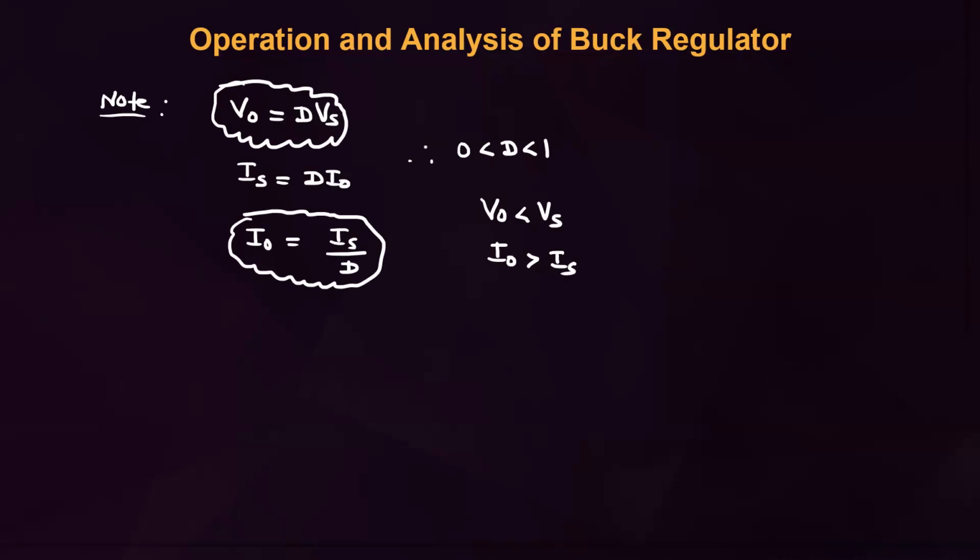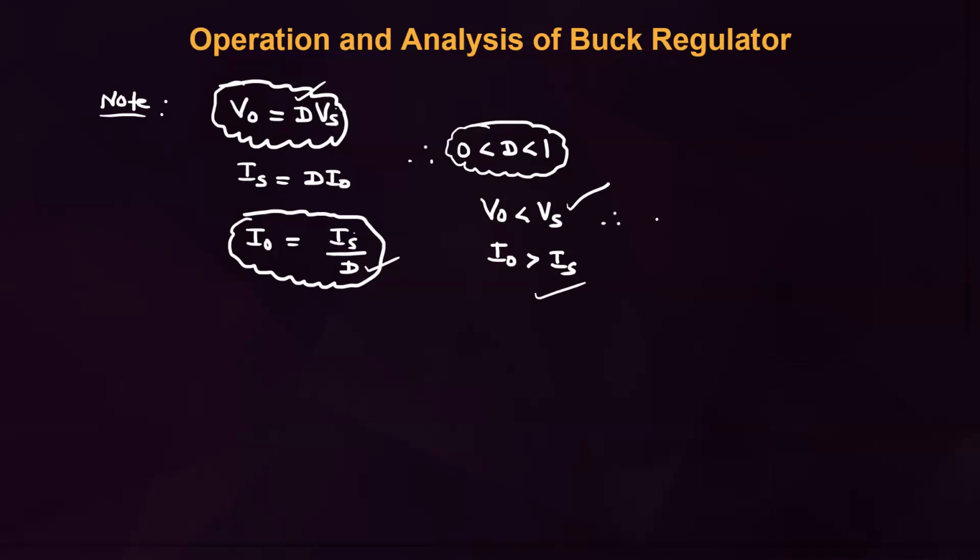Why? Here Vs is multiplied by d, but Is is divided by d. That's why for any duty cycle between 0 and 1, V naught is less than Vs and I naught is greater than Is.